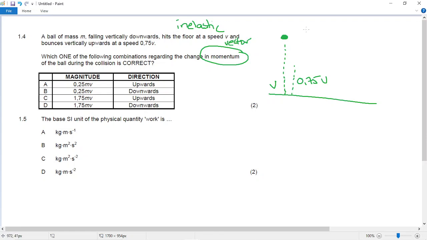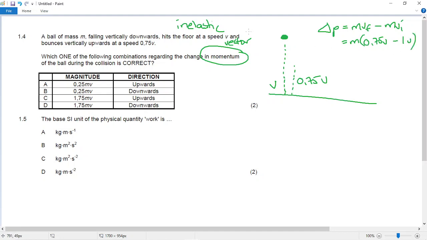Momentum is a vector. It has a magnitude and direction. So the change in momentum, delta p, is going to be mv_f minus mv_i, because that's what delta means, final minus initial. So the m is not going to change, okay? So I have 0.75v minus 1v over here, okay?